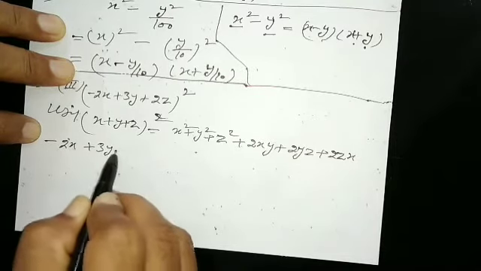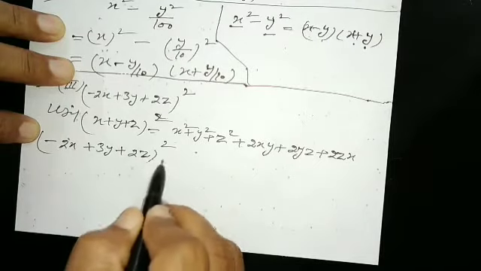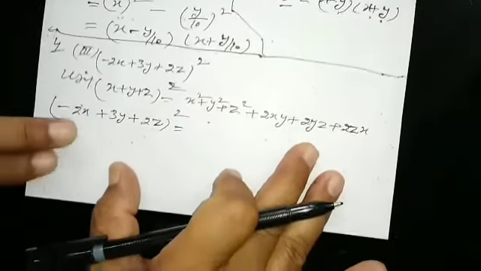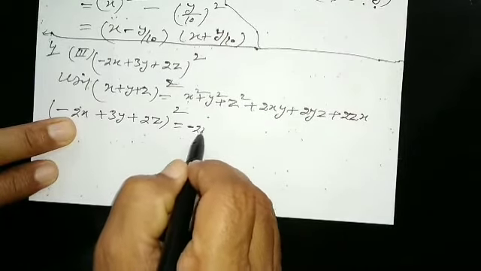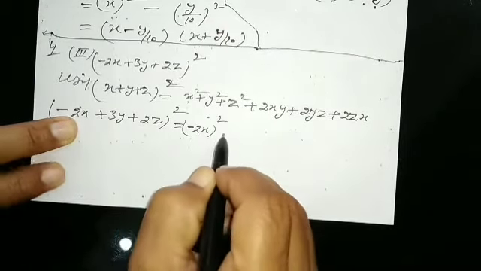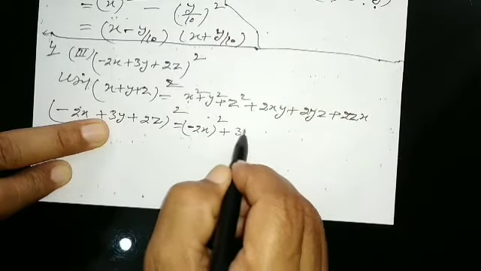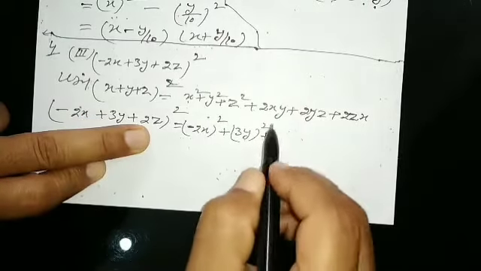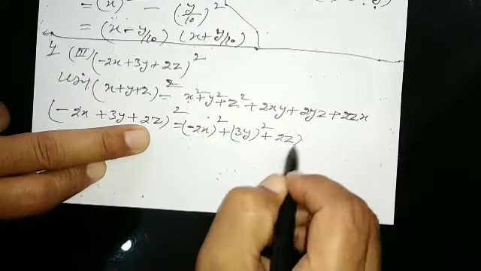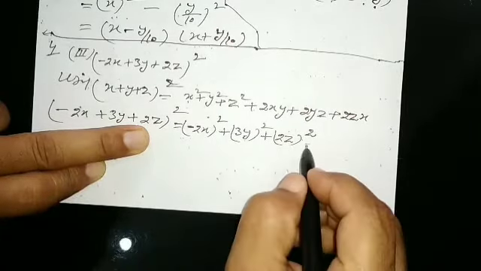You can rename these terms as first, second and third. The first one is square of first. What is first? That is 2x. Square of this. Square of second. Second term is 3y, means square of 3y. Third, square of third. Third means 2z, square of third term.